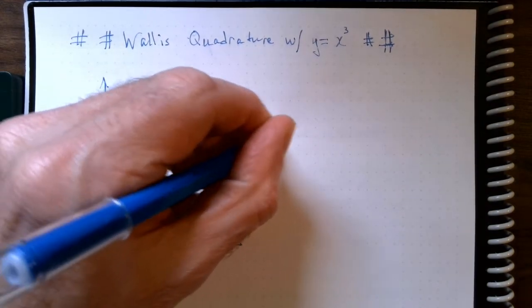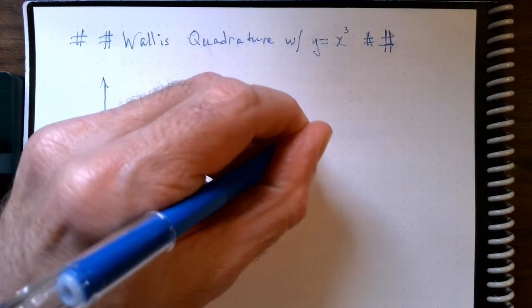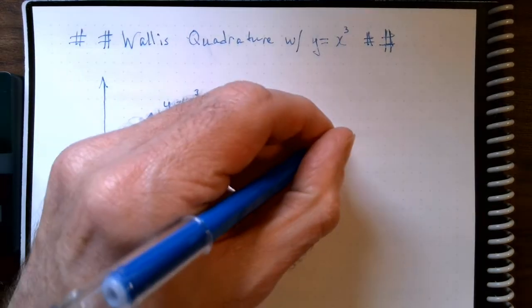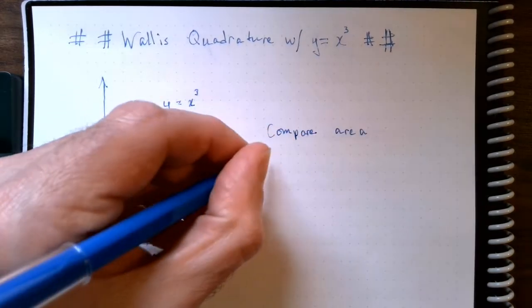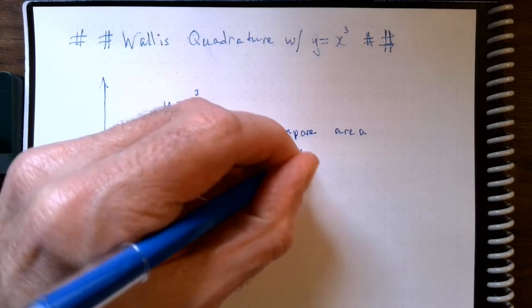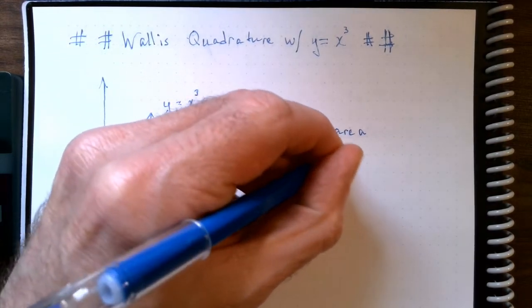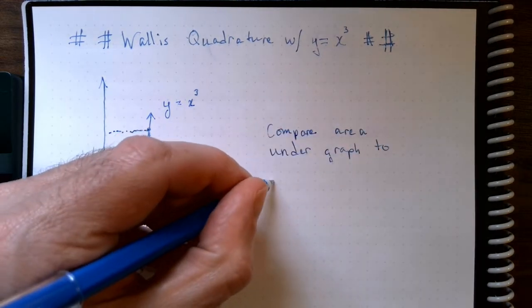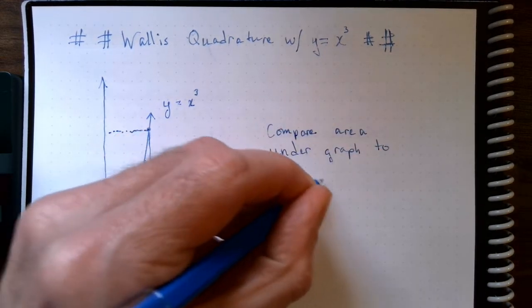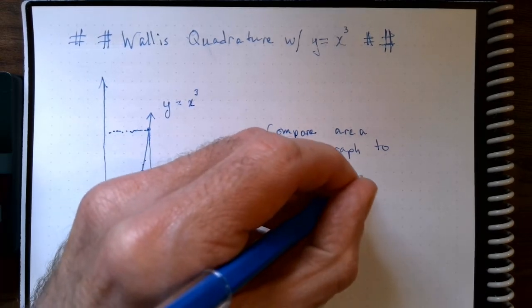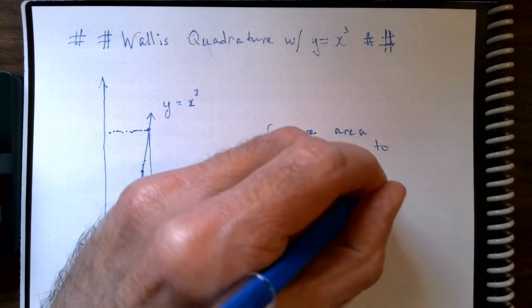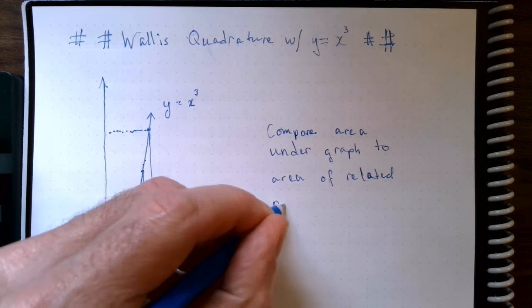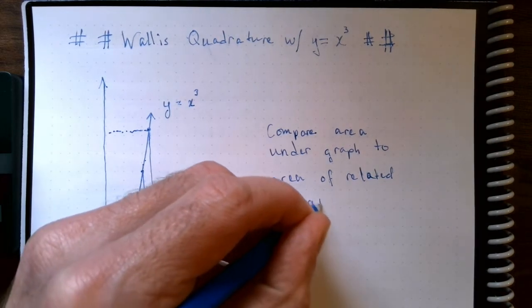He would be comparing the area under the graph to the area of the related rectangle.